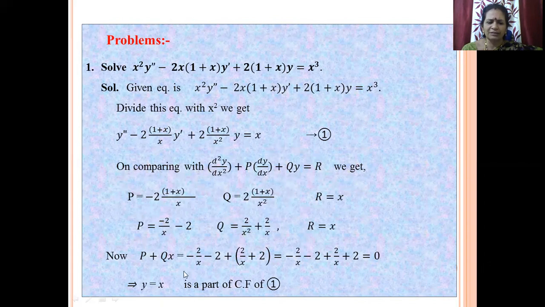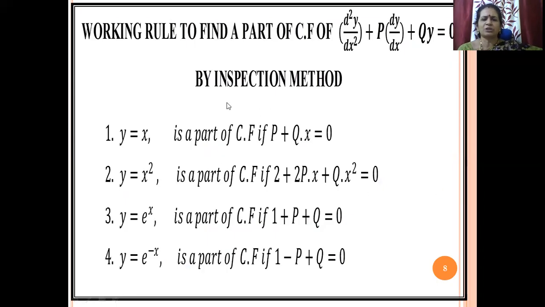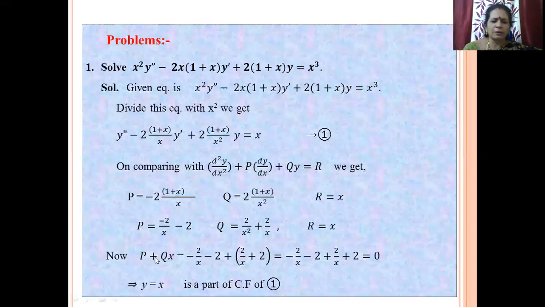In the previous slides we showed the inspection method: if p plus qx is 0, then y is equal to x is a part of the complementary function. Clearly here we got p plus qx as 0, so y is equal to x becomes a part of the complementary function.